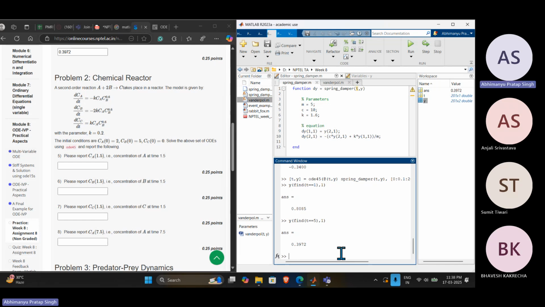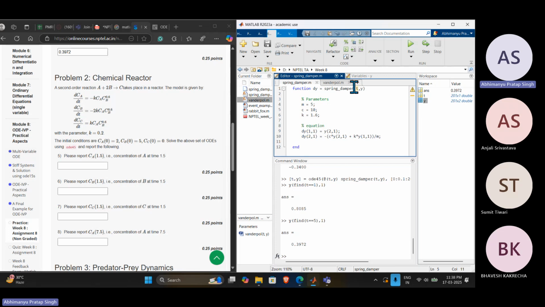Okay. So yeah, we will write these equations first. Reactor function with t comma y. Let me define the parameter k as 0.2.